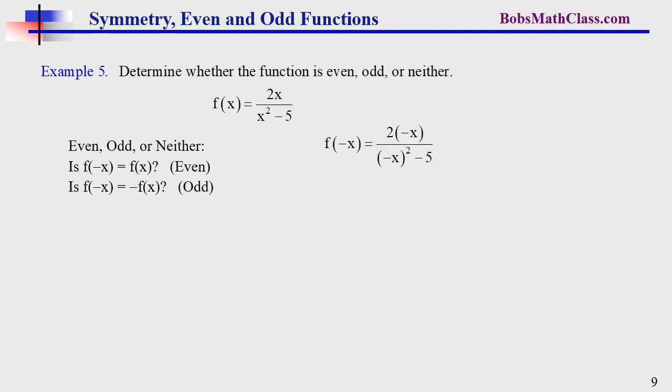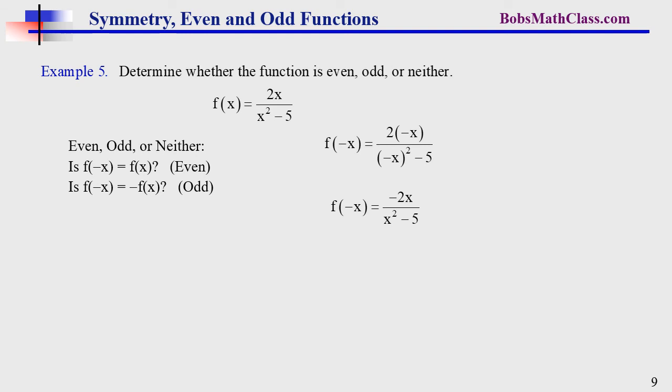So 2 times negative x over negative x squared minus 5. On the top, we do not lose a negative, but on the denominator, we do lose a negative because negative x squared is going to be positive x squared. Okay, so we got negative 2x over x squared minus 5.